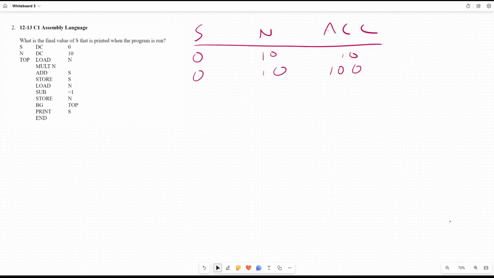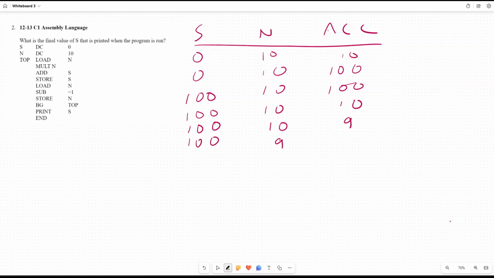I'm not going to add another line. And now we're storing the accumulator in S. We're now going to load N again. So 100, 10, 10. And we're going to subtract 1. Now we're going to store that back in N. And our accumulator is greater than 0, so we're going to branch back to this line.